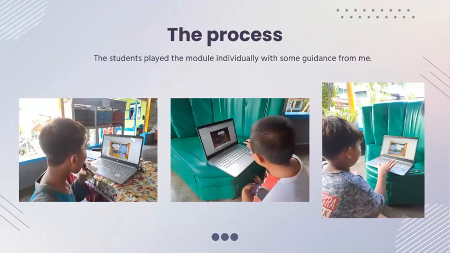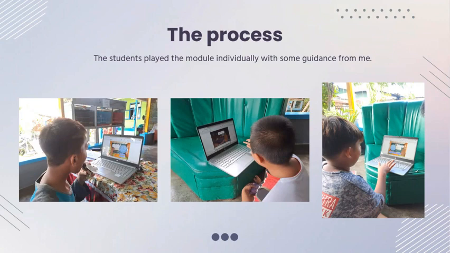Here's the process for the implementation part. The students played the module individually with some guidance from me. Since it is offline, of course, I was also able to monitor them in case there was something they were confused about.